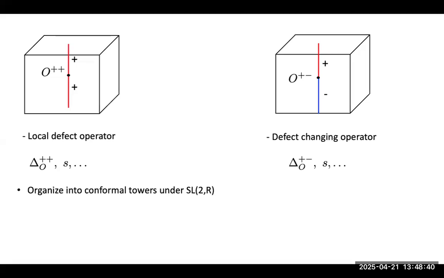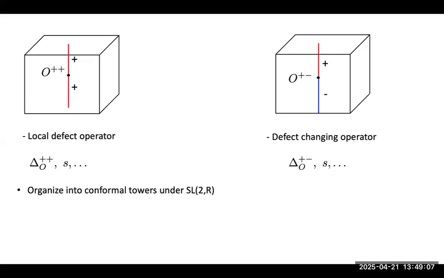In addition to these local defect operators, I can also consider so-called defect changing operators, right? Where I take a junction of two types of defects. Let's say in this case, it's the pinned plus and pinned minus, right? And there is a junction, and there are operators that live at that junction, and they again are going to be organized into conformal towers, characterized by scaling dimension and spin.